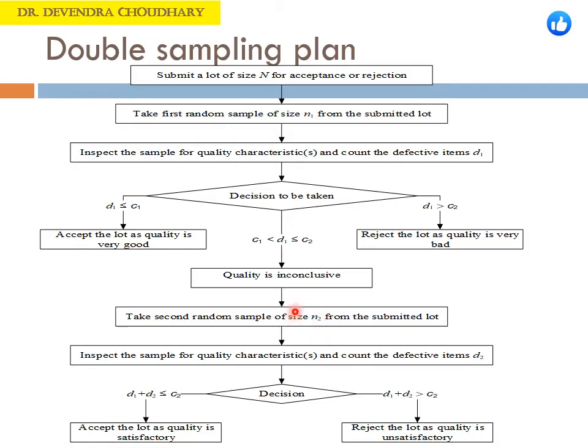Thus, a lot may be accepted if the sample is good enough, or may be rejected if it is bad enough.